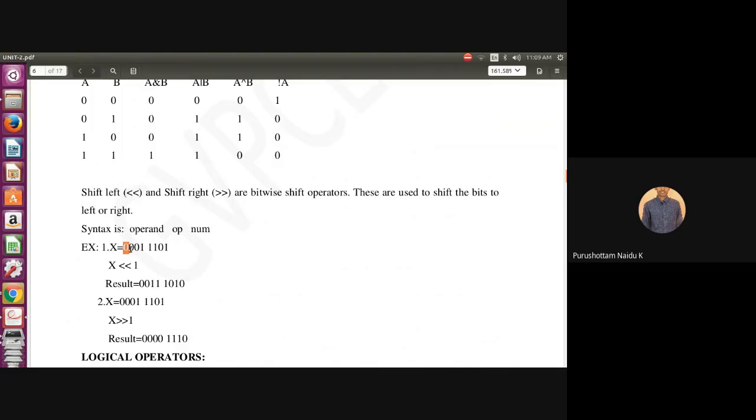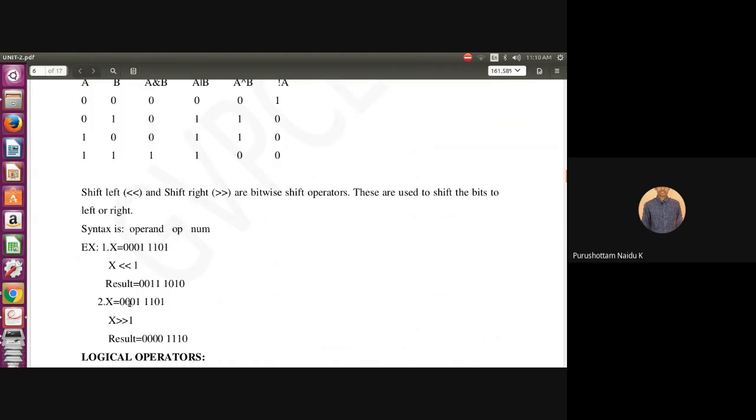Then the result is 0 0 1 1 1 0 1 0 for shift left by 1. To shift left by 2, two leftmost digits are discarded and two zeros are added to the right.